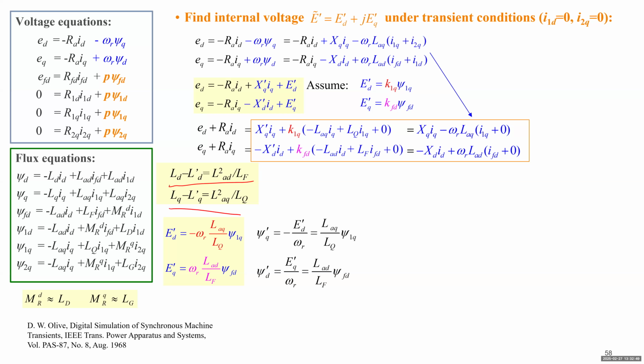You can also define psi Q prime as the internal flux linkage in the Q axis, and psi D prime as the internal flux linkage in the D axis. So there are some equivalent flux linkages that induce the E single prime.